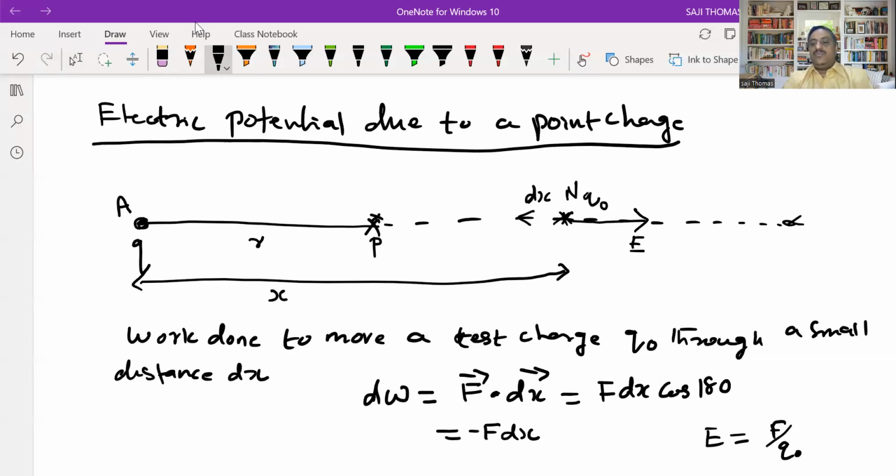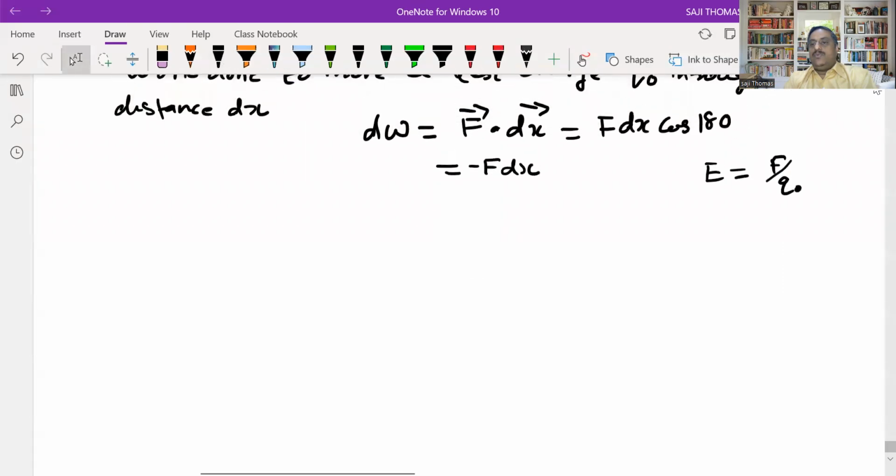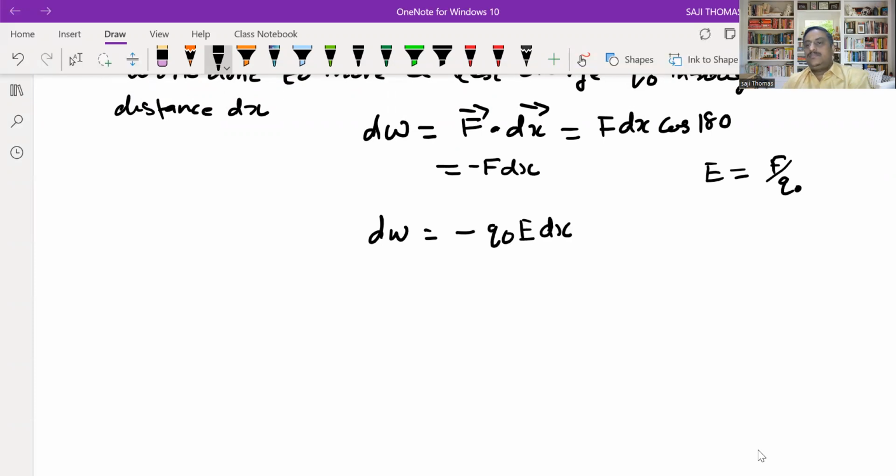So what is the equation for force? Q0 into E. So you can write force as Q0 into E. So I am writing dW is equal to minus Q0 E into dx.